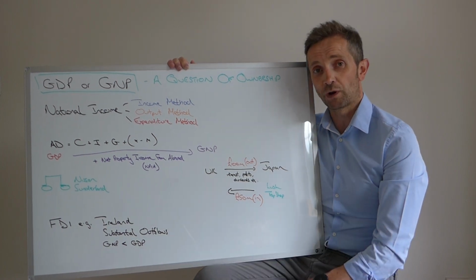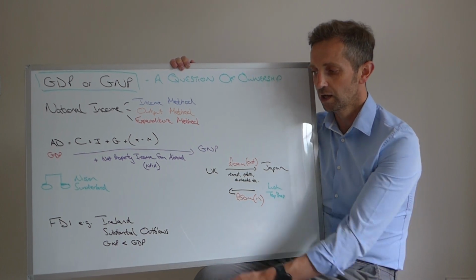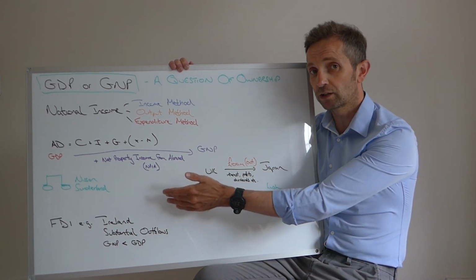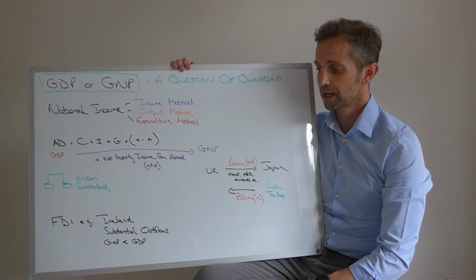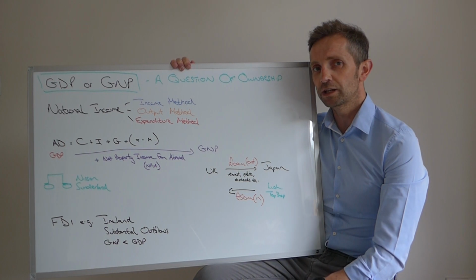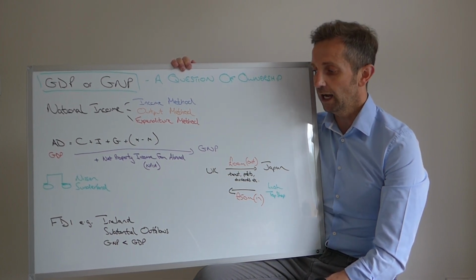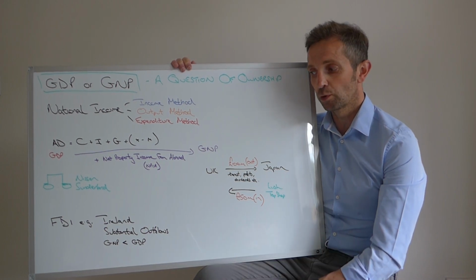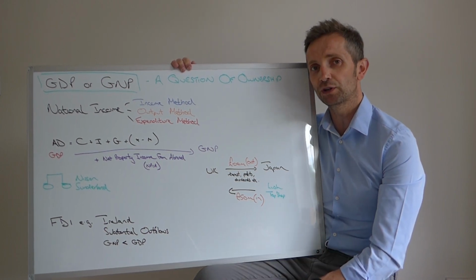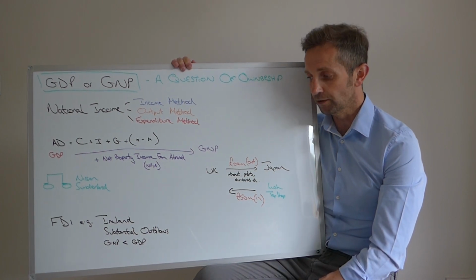Another country which has attracted a lot of FDI in recent years, particularly post-financial crash, is the Republic of Ireland, the south of Ireland, and a lot of that is to do with a very young workforce, demographically that is, and also very favourable corporation tax rates. They've been able to attract big multinational companies to locate in Ireland.